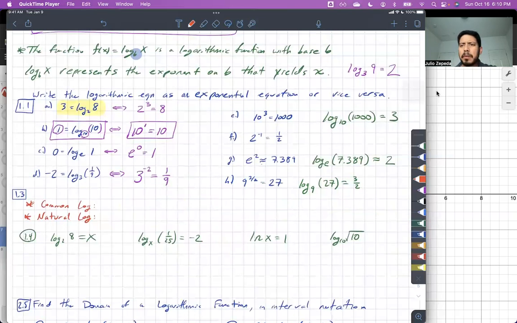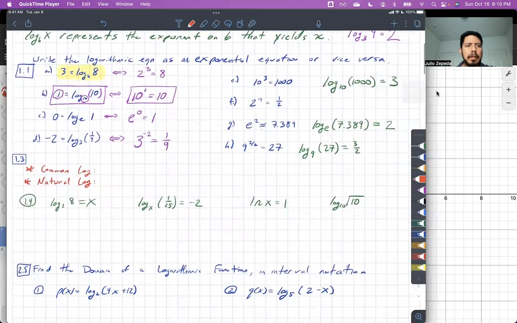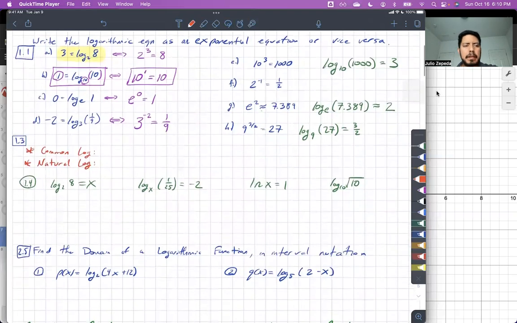Now, there are a couple of logarithms that come up a lot. And the first one, in the textbook, is called the common log. The common log is just the log with a base of 10. And it's common enough that it gets its own notation.